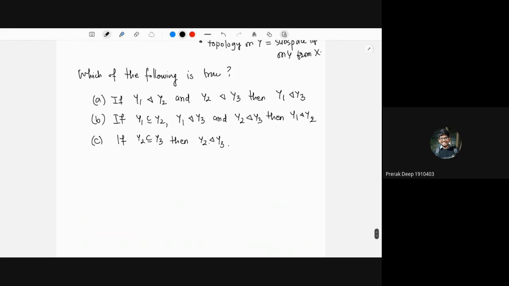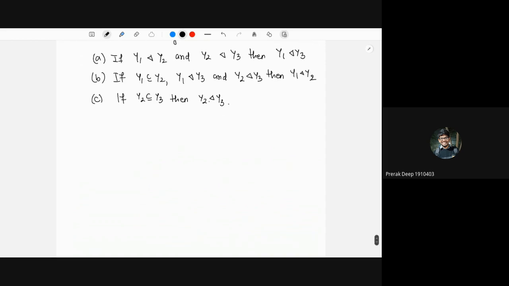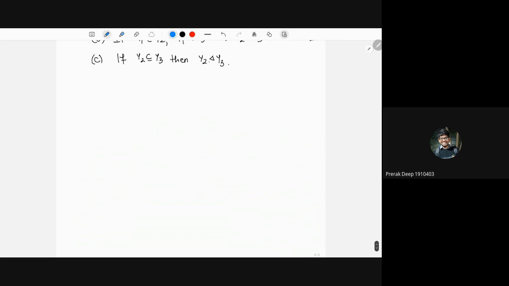Right. So we use a few notations. Denote tau_Yi for the subspace topology induced from X, for each i from 1 to 3.